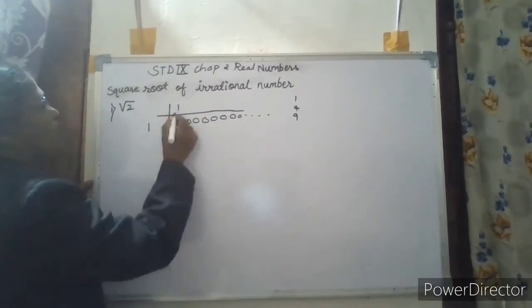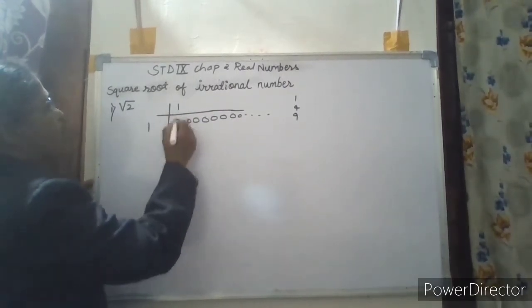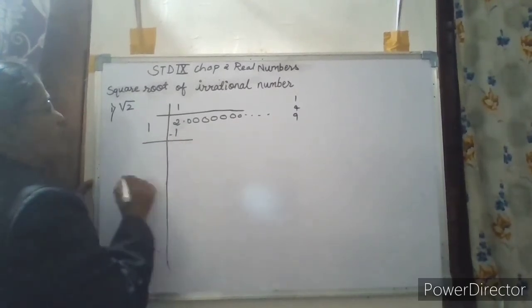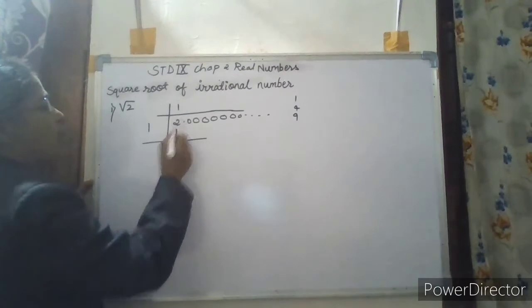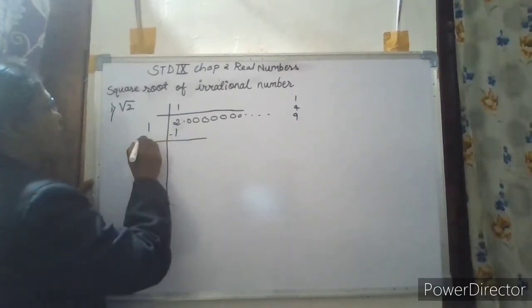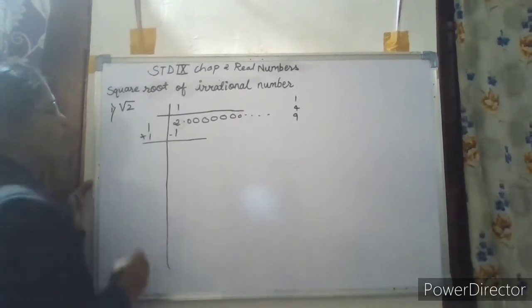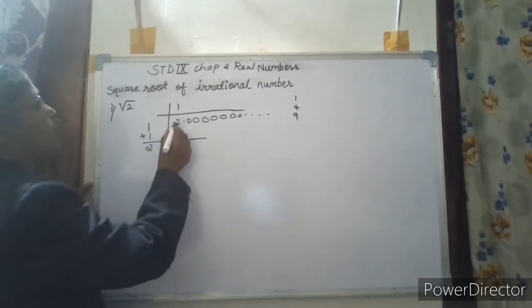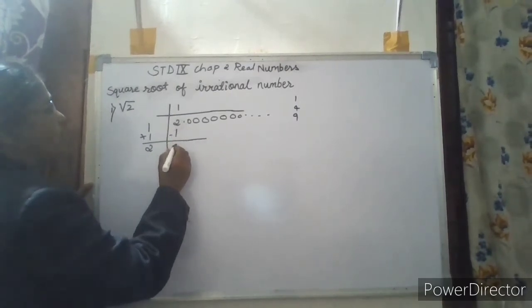Now, 1 one is 1. Minus it, because in division we are subtracting. And here, we have to add 1: 1 plus 1 is 2. 2 minus 1 is 1.